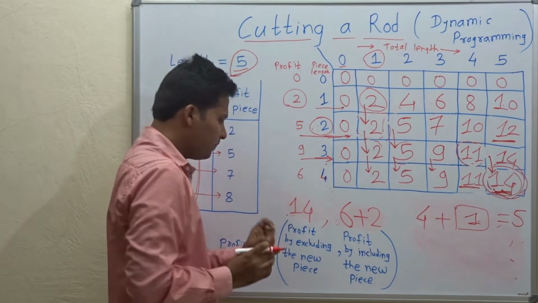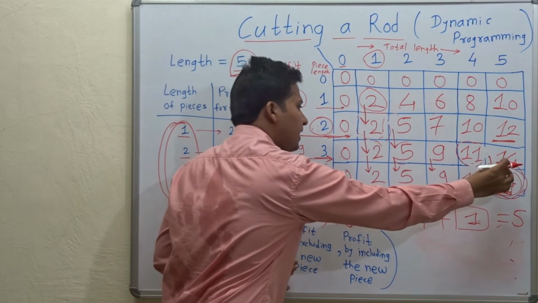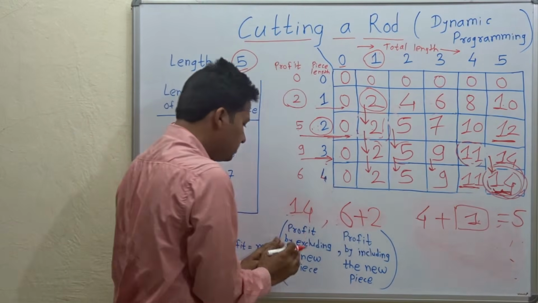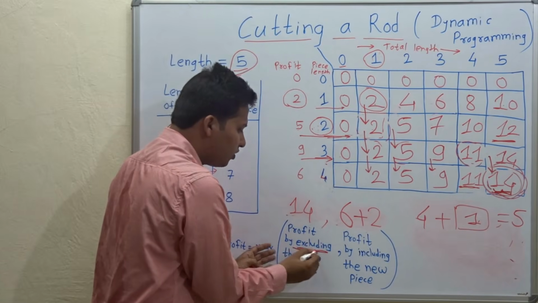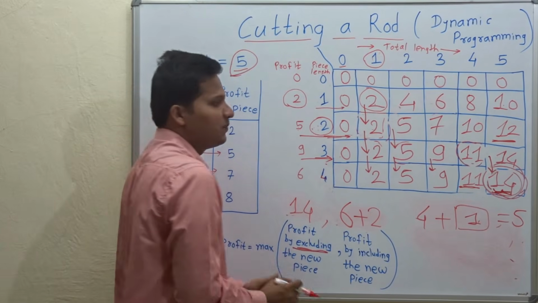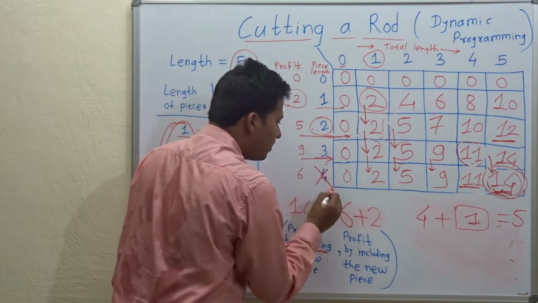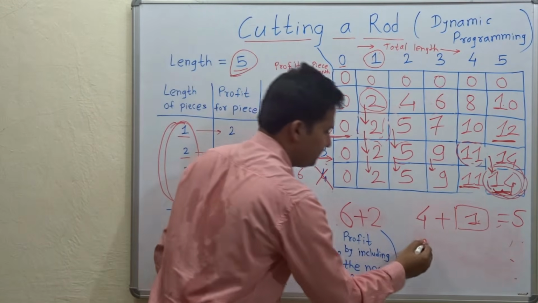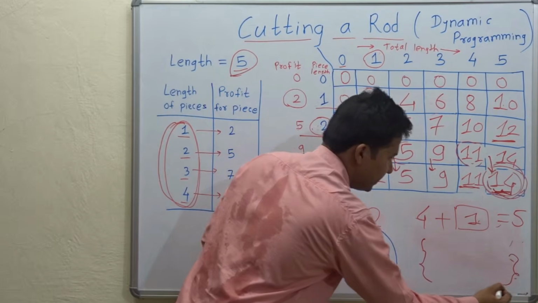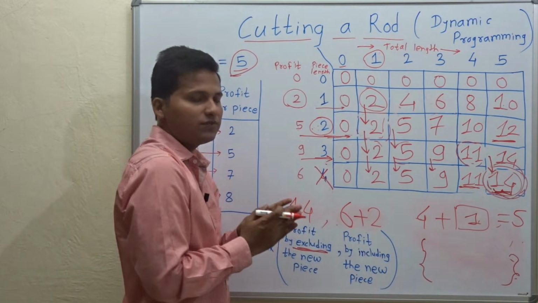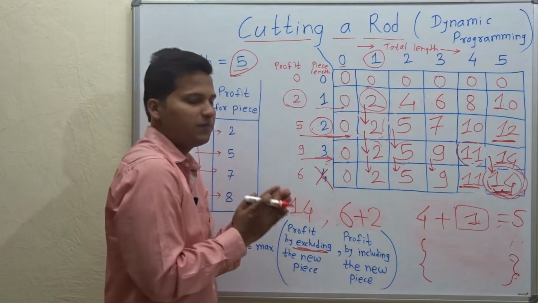You must remember, our maximum has come from the above cell, means we have done it by excluding that new piece. So 4 is not a part of that set, because we have excluded that piece.